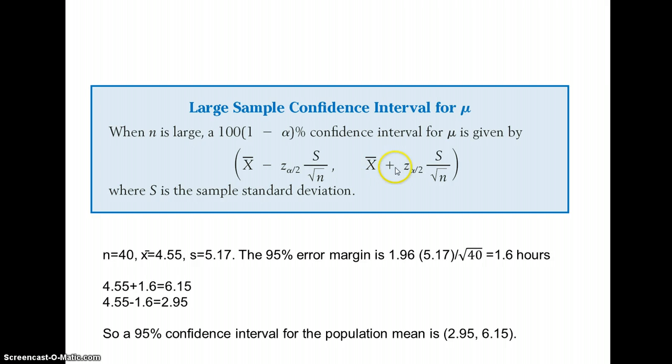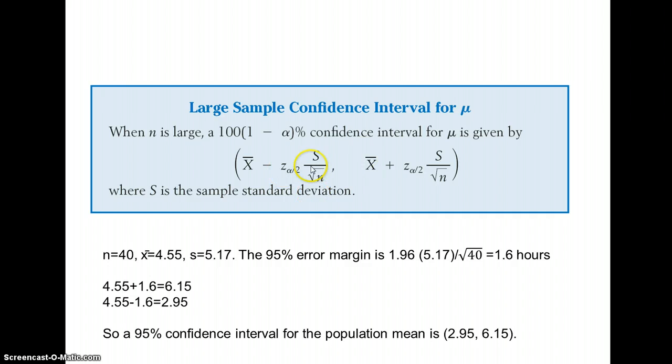You find the sample mean, and you can add 1 standard deviation, 2 standard deviation, or 1.96 standard deviation, depending on how confident you want to be, the level of confidence. And if you subtract a few standard deviations, maybe 1, 1.5, 1.6, or 2, you get a low point. That's what we get from the picture.